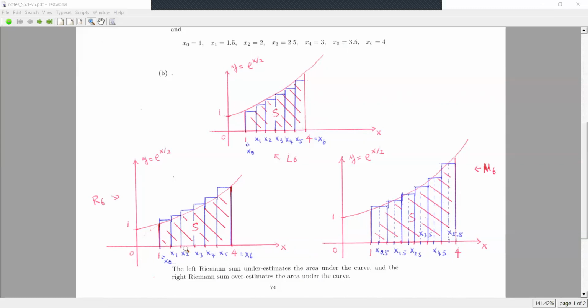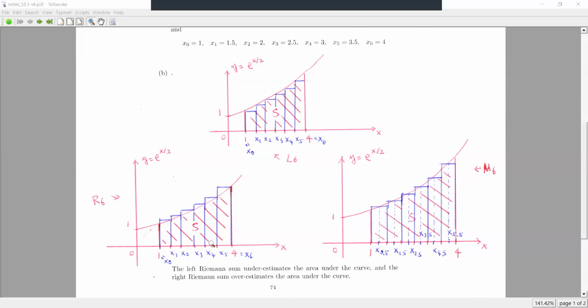Over the second subinterval, I use the function value at the right endpoint, x2, as height to build a rectangle, and so on. The sum of the areas of these 6 rectangles is the right Riemann sum. The notation is R6. Again, R means use function values at right endpoints to build rectangles.